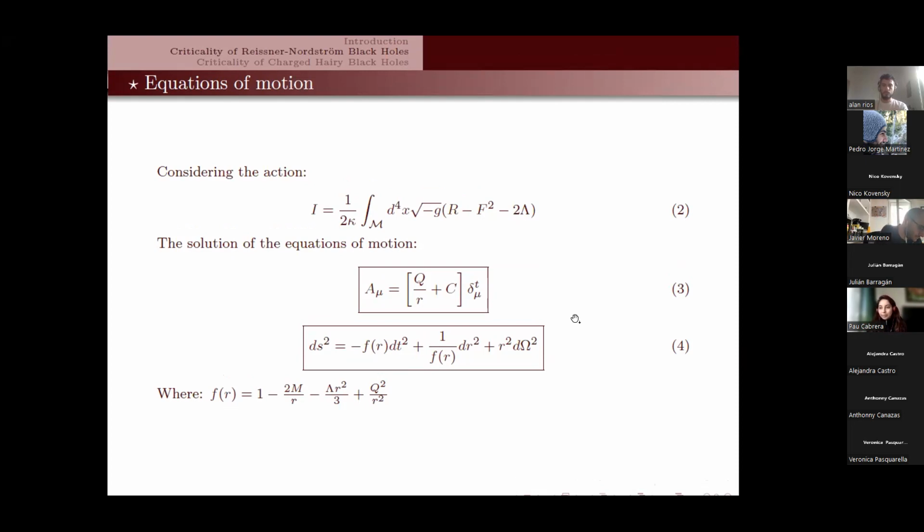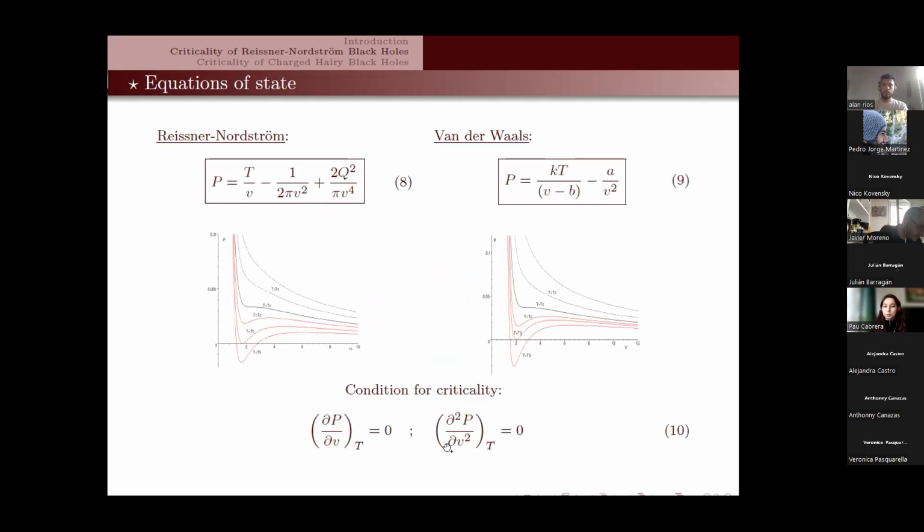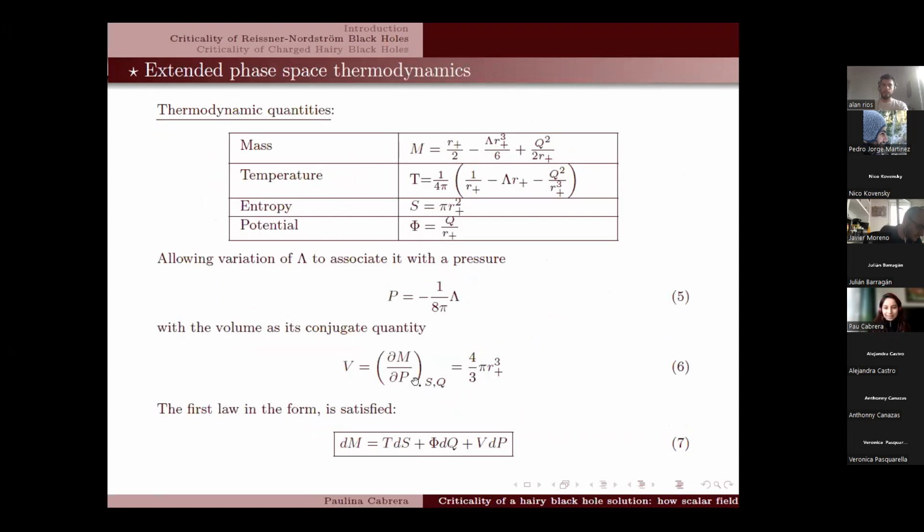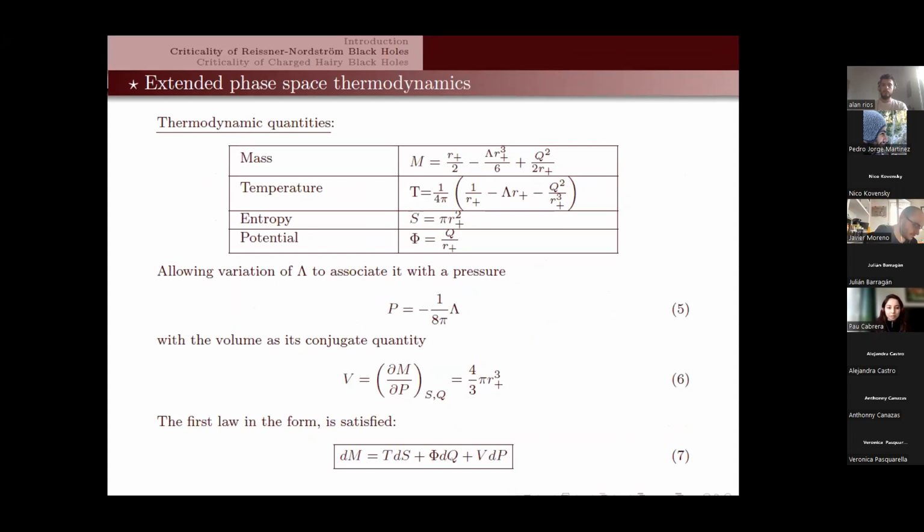The thermodynamic relations can be computed in terms of the radius of the black hole.